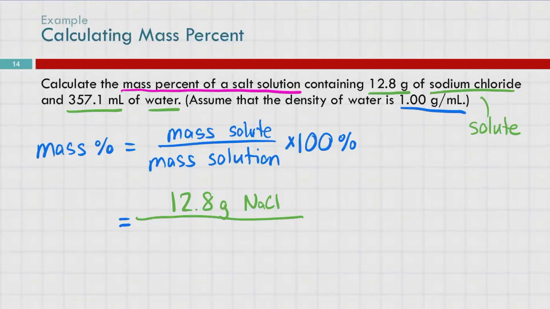The solute, the minority component, and the solvent. In this case, we just have 2 ingredients. You could have more than 2 ingredients. So that's going to be our 12.8 grams of sodium chloride and also 357.1 grams of water. You could have also added those up beforehand, and that would be your mass of the solution.